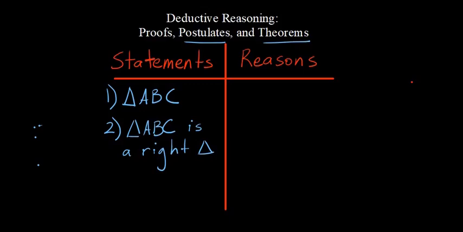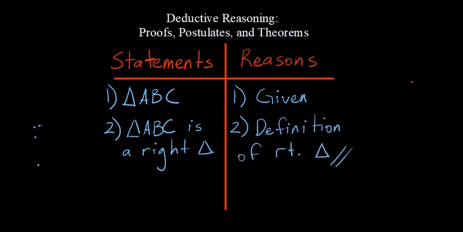My first reason in any proof is going to be that this was simply given to me. This is the given information of the problem. It's whatever the setup is. My next reason, my reason for statement 2, triangle ABC is a right triangle, let's say that comes from the definition of a right triangle. And this is because any triangle with a 90-degree angle is a right triangle. These are things we'll talk about later down the line.